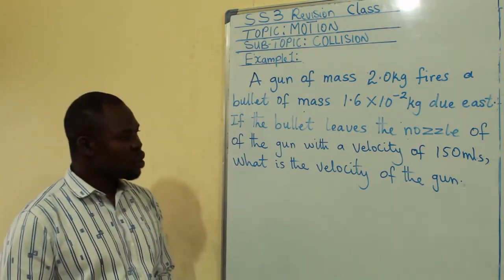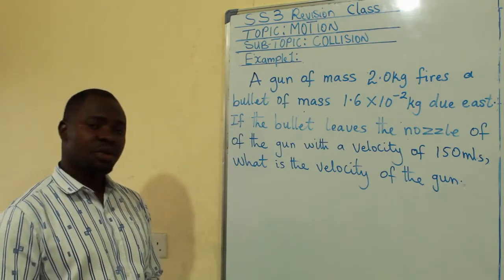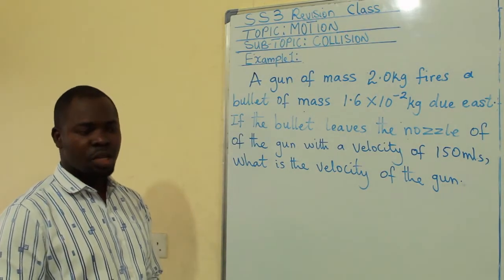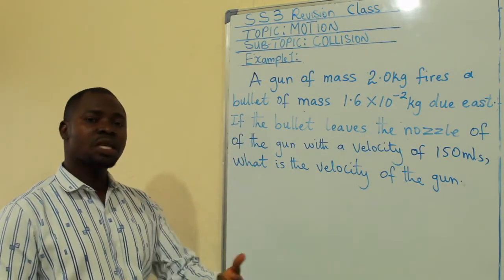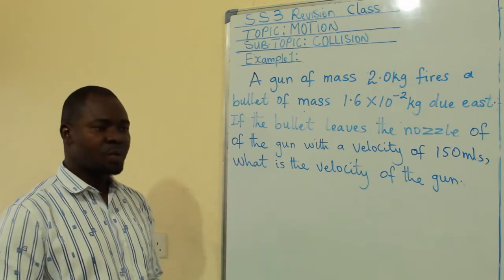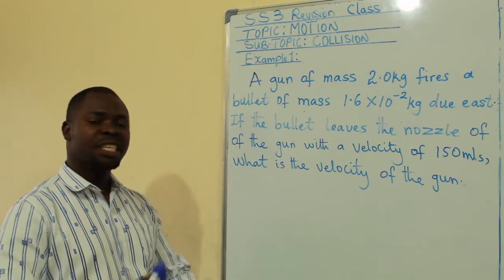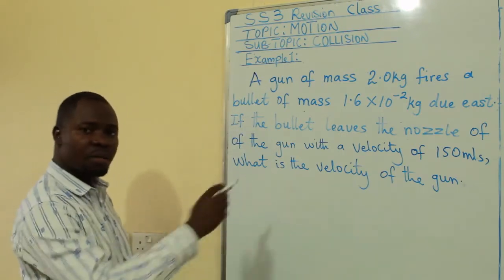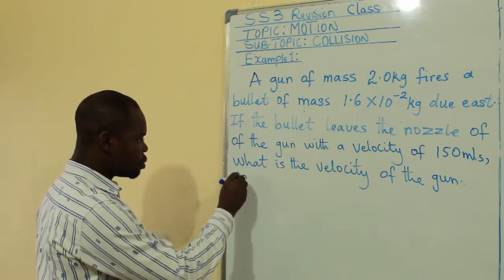This question is talking about the recoil of the gun: when the bullet goes out, the gun jerks back, and that process is called the recoil of the gun. So let's solve this first question.